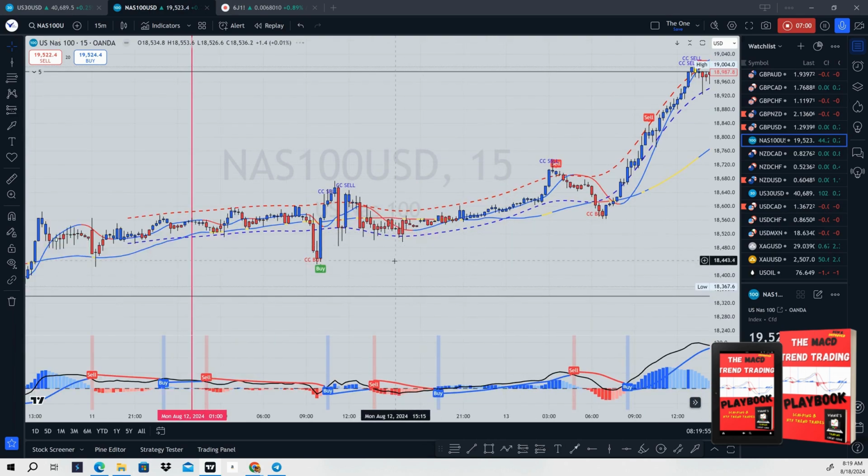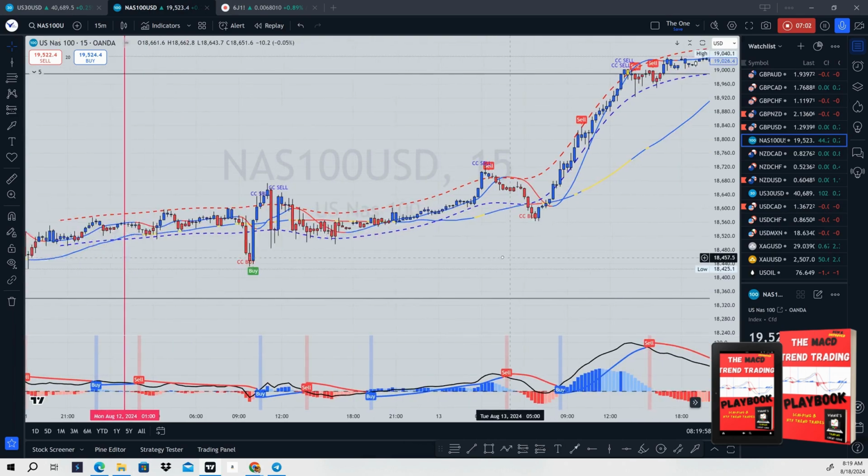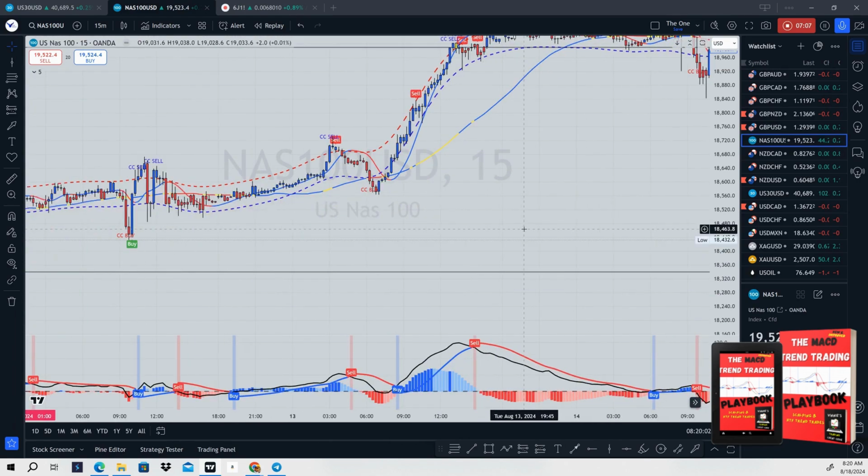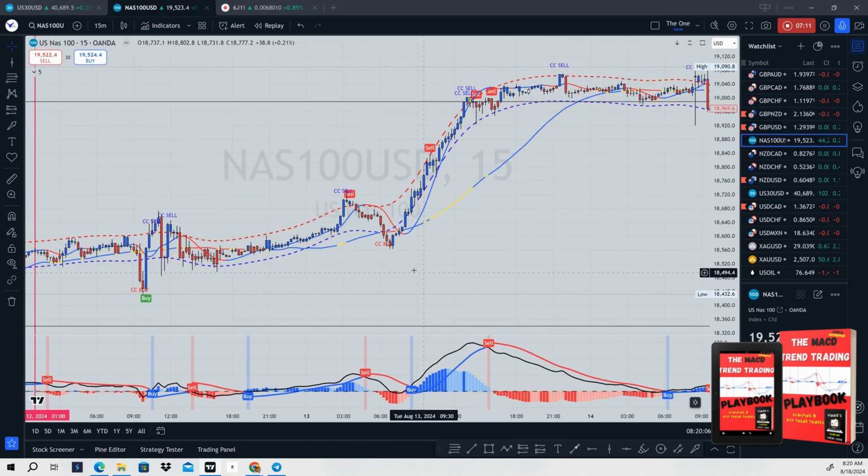So here on the 15-minute time frame, between this area, we have several instances of where we can enter the market for a buy. So we got a cheat code buy signal here. Okay, we got a cheat code buy signal also right here.